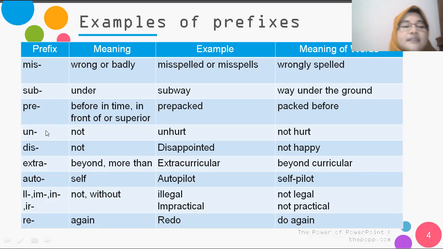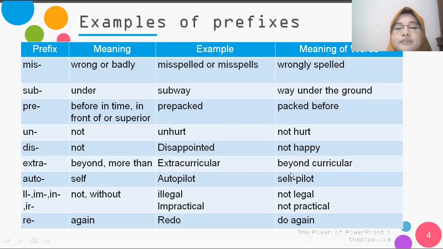Okay, next, this is un-. Un- means not. For example, unhard, or not hard. Next, dis-. This means not, such as disappointed. Disappointed means not happy. And then the prefix extra- means beyond or more than, such as extracurricular.